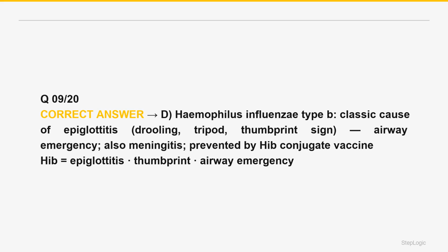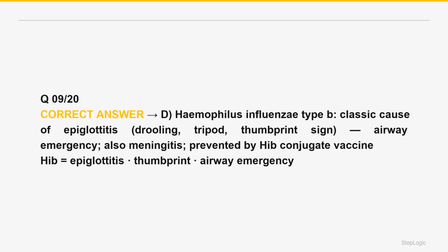The danger is the high yield point. Epiglottitis is an airway emergency. The swollen epiglottis can completely obstruct the airway. Do not agitate the child or examine the throat with a tongue depressor, which can precipitate total obstruction. Instead, keep the child calm and secure the airway in the OR with anesthesia or ENT ready, then give antibiotics, ceftriaxone.